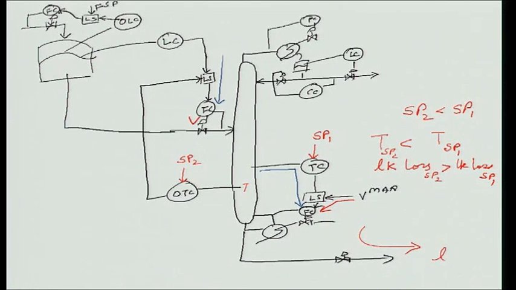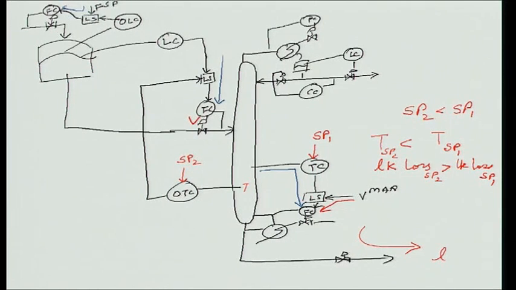Now let us see how this works. Ordinarily, this is how things would go. The feed to the tank or the feed to the process is set by the operator. Now let us say the instruction comes, jack up throughput.